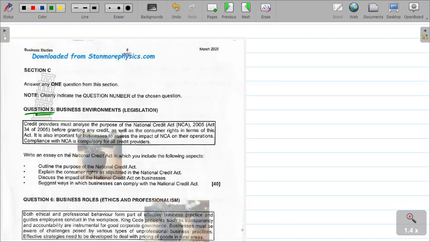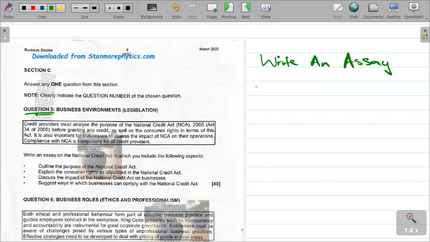Write an essay on the National Credit Act in which you include the following: outline the purpose of the National Credit Act. So you are supposed to write an essay. You are already given the heading, and you are supposed to write the essay.